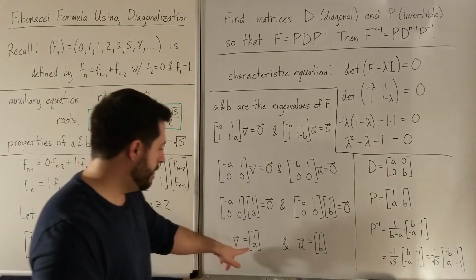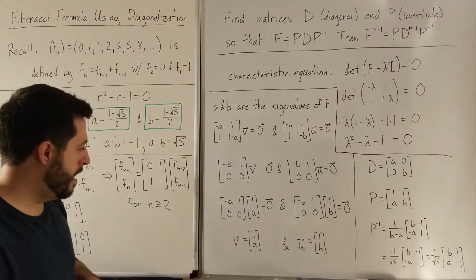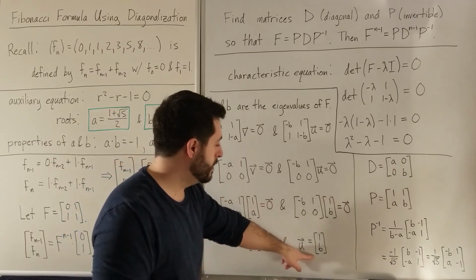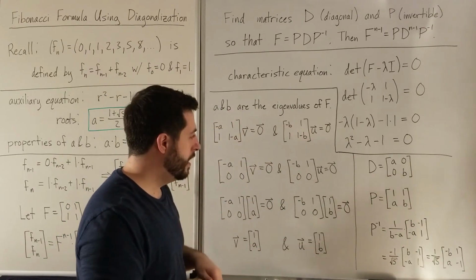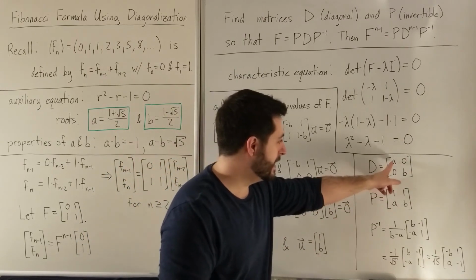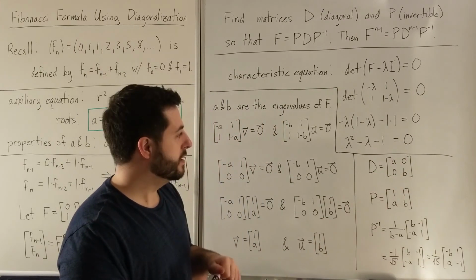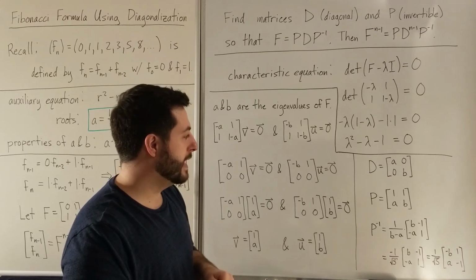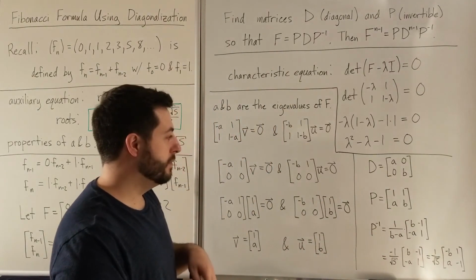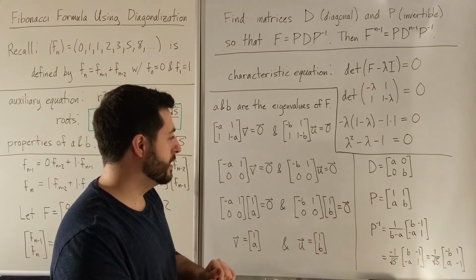Okay, so we have our v and our u, and v is an eigenvector with eigenvalue a, and u is an eigenvector with eigenvalue b, and that means I can find my D and my P. So D is the diagonal matrix with just the eigenvalues along the diagonal, and P is the matrix with columns which are the eigenvectors.